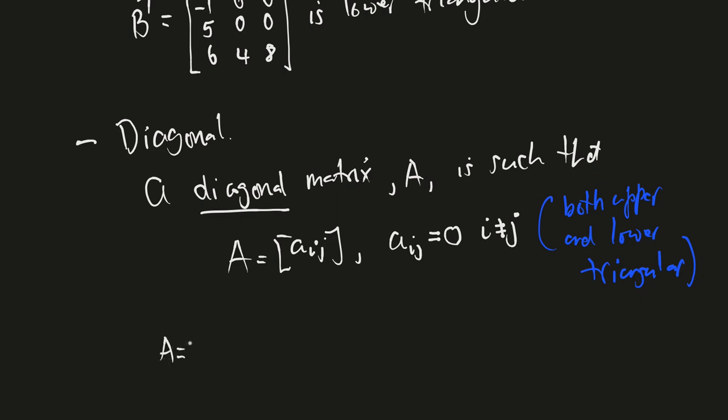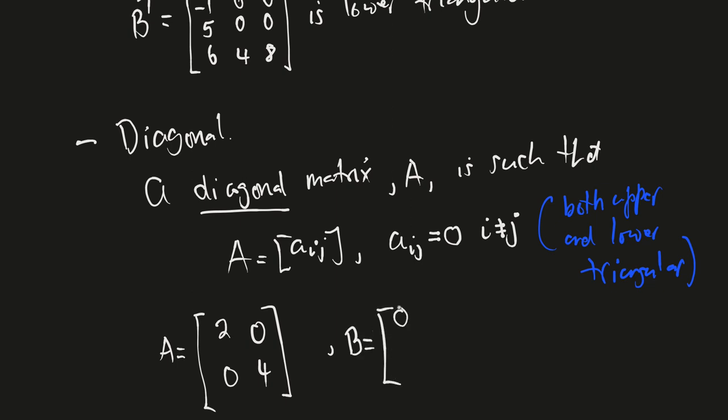So again, here are just a couple examples. I'm not going to write it down in that generic expanded form. But here's a 2 by 2 example of a diagonal matrix, right? Above the main diagonal we have a 0, below the main diagonal we have a 0, and again we can have anything on the main diagonal. In fact, the 2 by 2 zero matrix that looks like this also is a diagonal matrix.